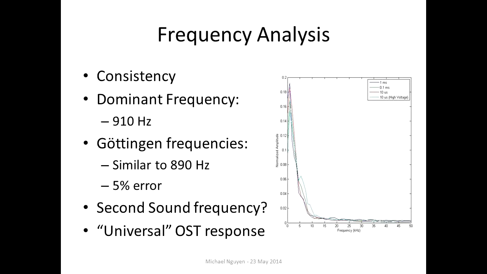Well, it is not the second sound frequency due to previous experiments done with diffraction. Given the frequency of 910 Hz, the researchers previously doing diffraction would have found diffraction behaviors. However, this was not the case and there were no such signs. Therefore, it couldn't be the second sound frequency.